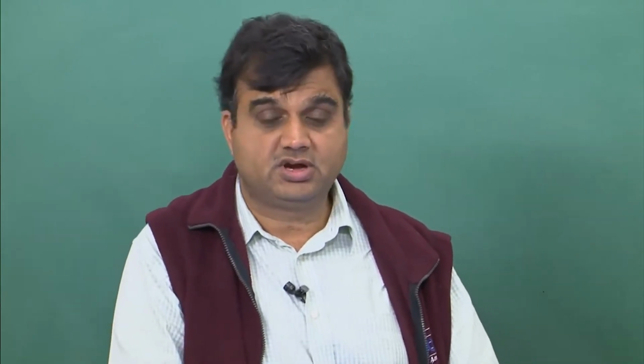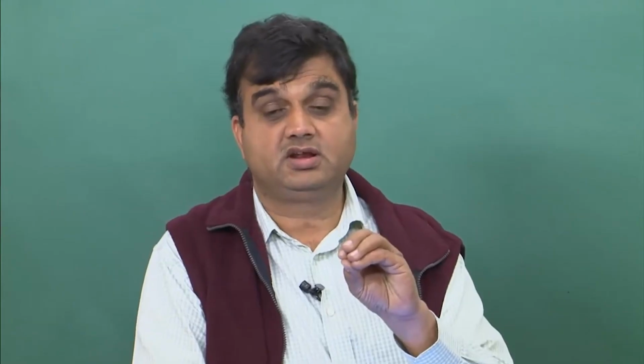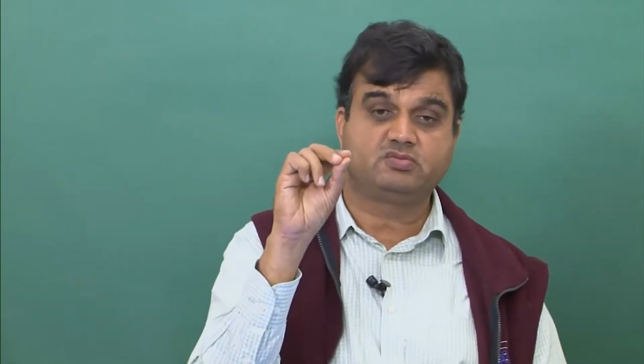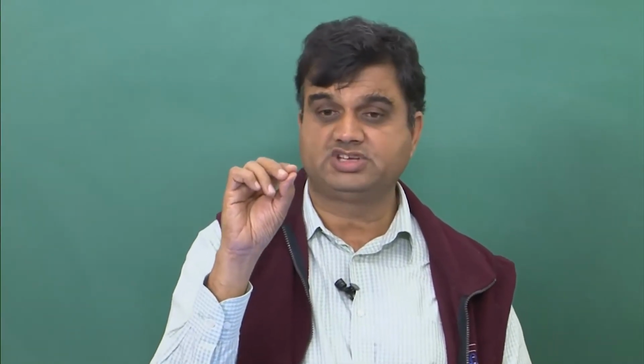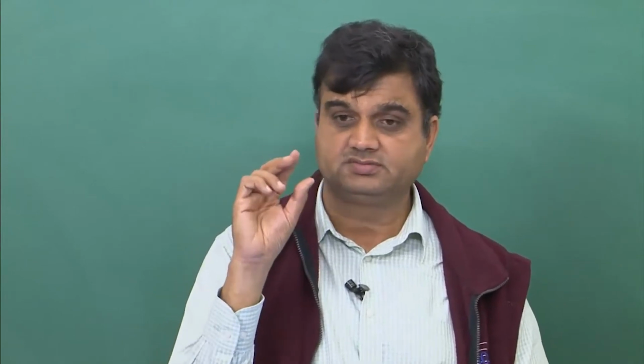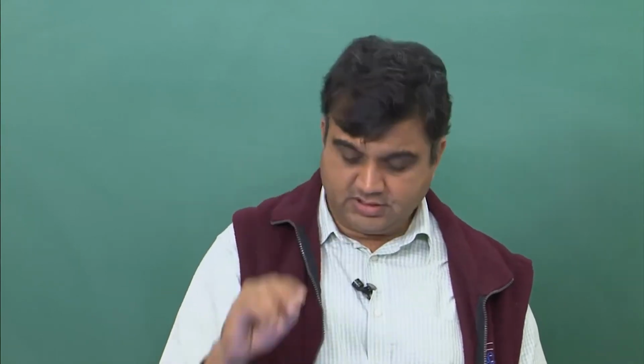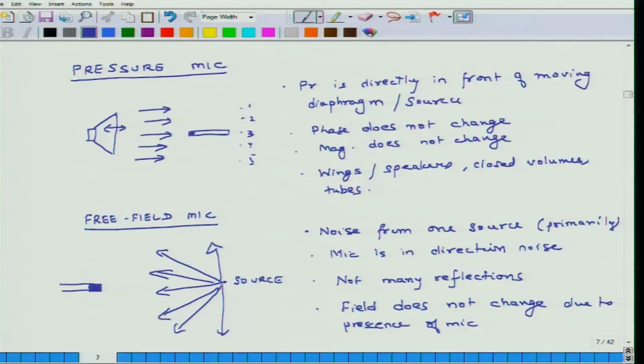If the pressure field changes, then our intent of making the measurement is destroyed, because we are not measuring the actual pressure which would have been there in the absence of this instrument. So, my microphone's size should be significantly smaller than the wavelength of the sound which I am interested in measuring. That is the implication: the field should not change due to the presence of the microphone.